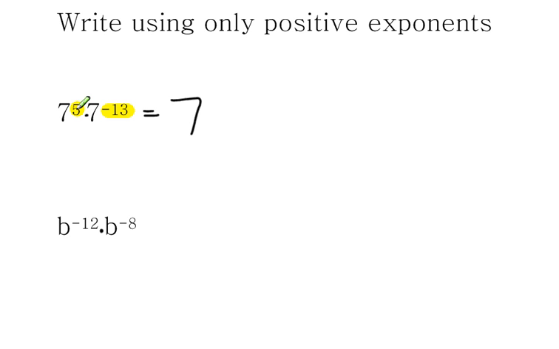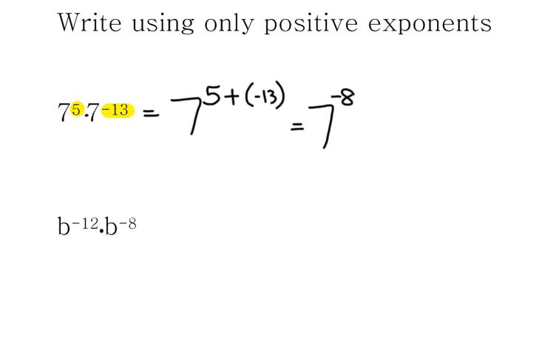So I need to do 5 plus negative 13. And this goes all the way back to the very beginning of the school year. 5 plus negative 13, do those have same signs or different? They're different, so we will subtract. 13 take away 5 is 8. And because that 13 is bigger and it's negative, it's going to be negative 8.